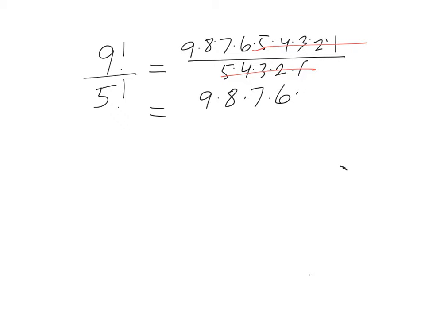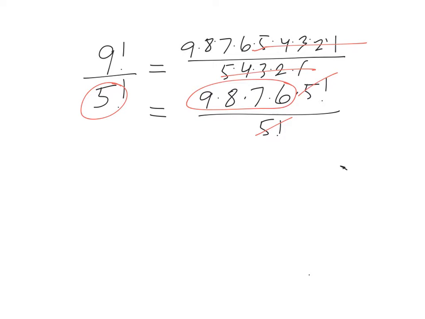And now that I'm at 5, which is the number that's on the bottom, I could just write 5 factorial. 9 times 8 times 7 times 6 times 5 factorial is the same as 9 factorial. They're equivalent. So then if I divide by 5 factorial, I could just think these 5 factorials cancel, and I'm still left with that 9, 8, 7, 6. And that's easier to do.